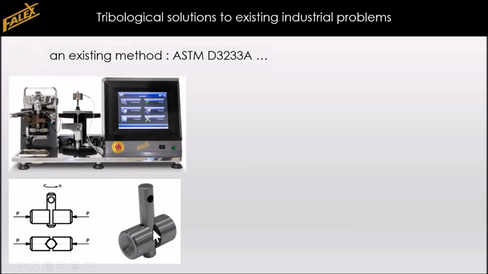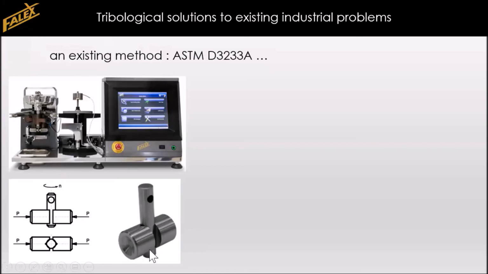The whole contact is lubricated by a small oil bath. As we are increasing the load, we can monitor the torque that is performed on the pin. We can also see at what load the system fails, at what load the lubricant can no longer sustain the load. So that is in a nutshell the ASTM method.